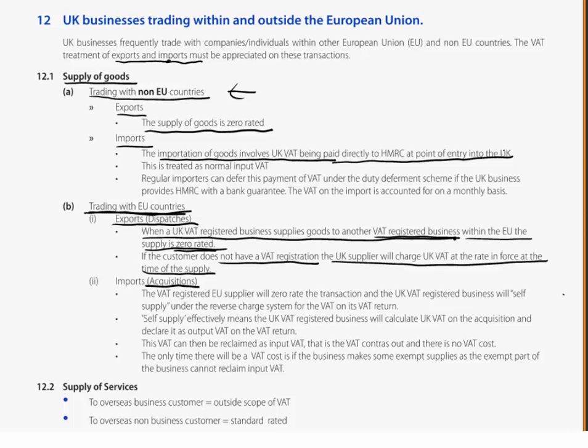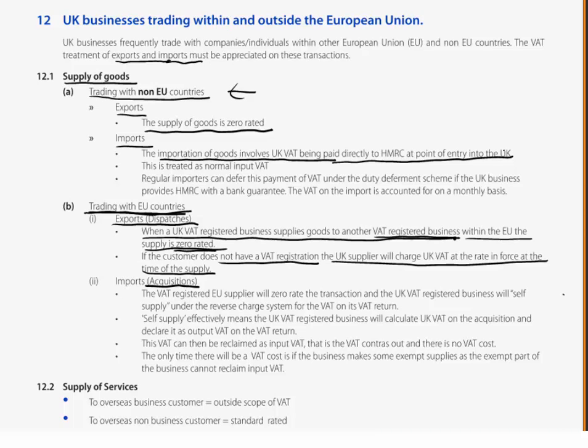We would therefore be buying in for £100,000. Therefore, what we now have to do is, having paid £100,000 to the supplier in China, rather than £120,000 to the supplier in the UK, that supplier in the UK would then have had to have accounted for the output VAT on the sale to us, the £20,000 VAT. Now, there's no one. The Chinese company is not going to account for output VAT on the sale to us.